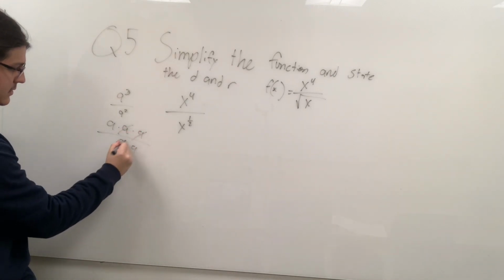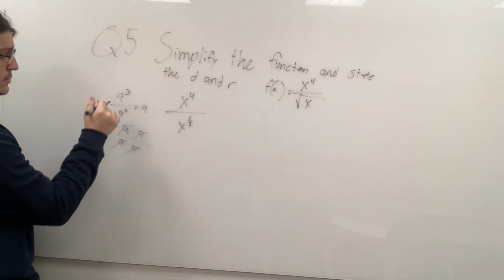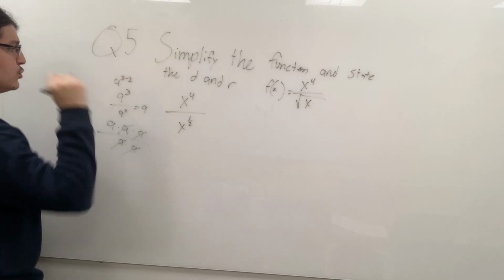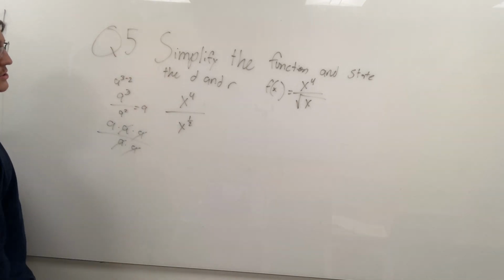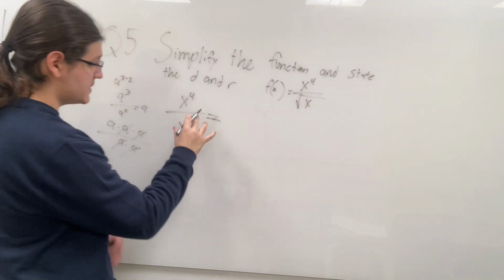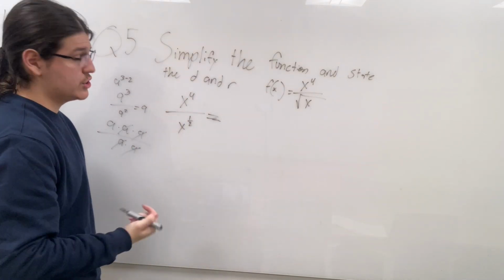These a's are going to cancel and you are only left with a. So this is just a to the 3 minus 2. So we are going to subtract our exponents here as well, since it's our denominator.